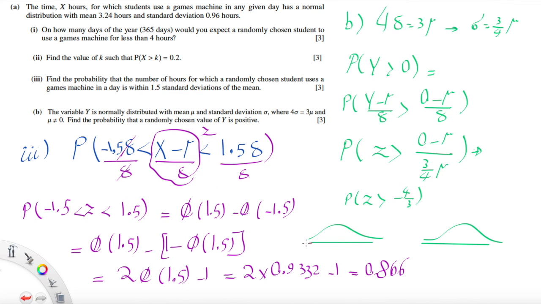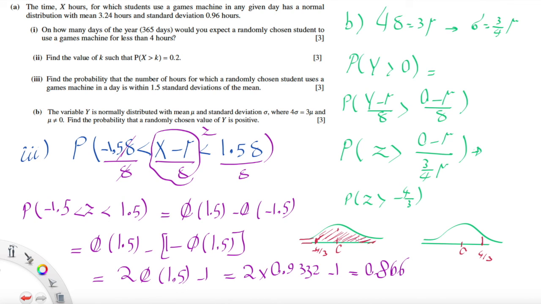Negative 4/3 is a negative number, here is 0. Negative 4/3 is, for example, somewhere here. We are looking for the region after, which is here. And the table doesn't give us the region after a number and also information concerning negative numbers. So we make it positive, it will be 4/3.